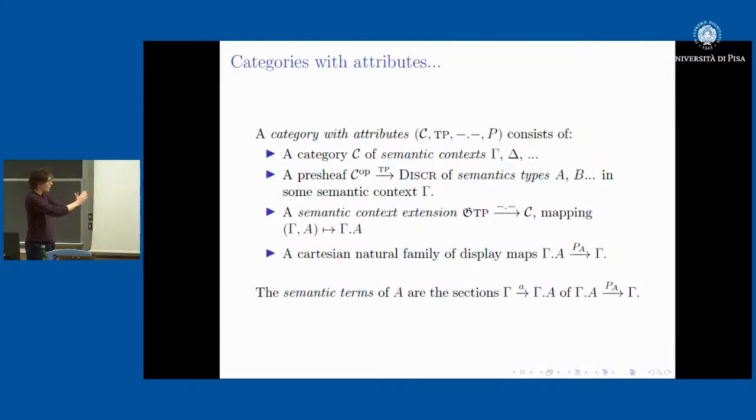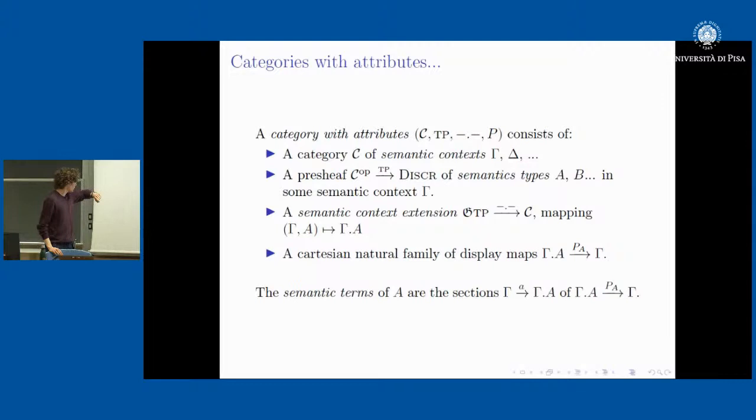Then you can extend the context with types in that context, a semantic context extension. And then you are given a family of display maps, which is natural from the semantic context extension to the Grothendieck construction associated to TP. And moreover, it's not just required to be natural, but it is also required to be Cartesian.